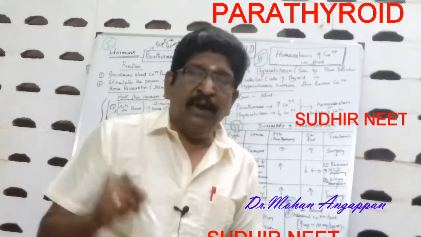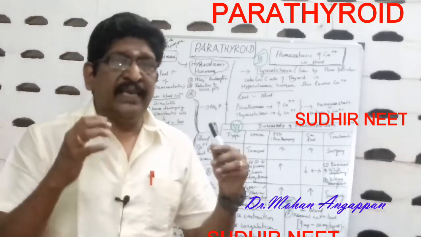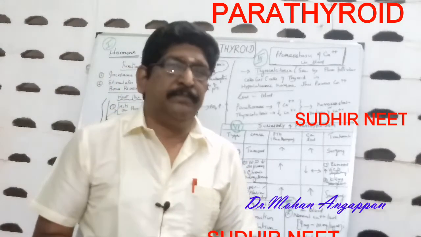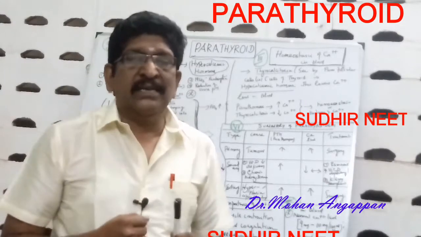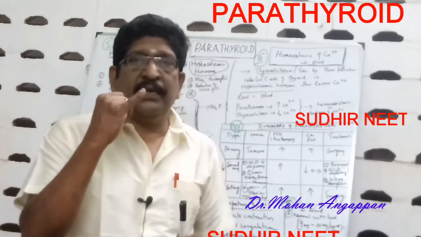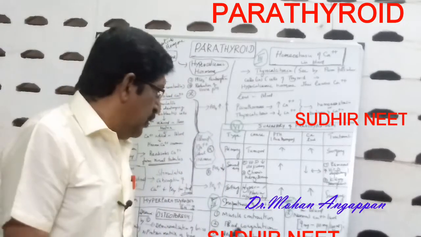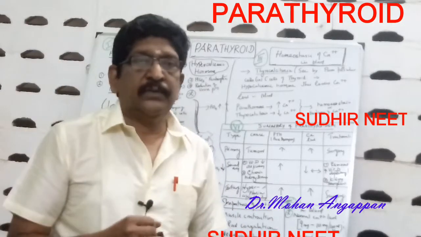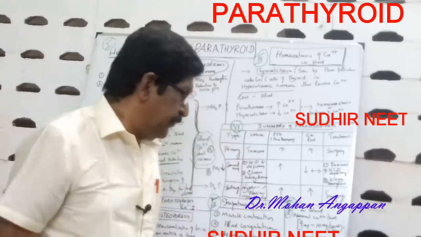Now let us come to the importance of the calcium. What are all the ways in which calcium is needed in our body? One, in muscle contraction. Muscle contraction needs calcium involvement. Number two, blood coagulation. You know the process of coagulation, calcium is involved.